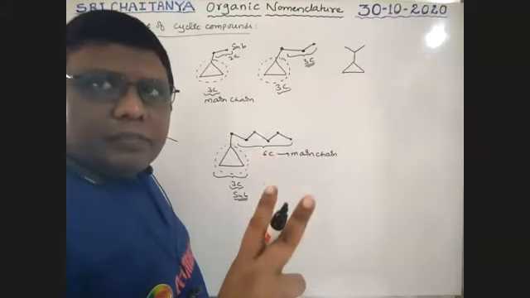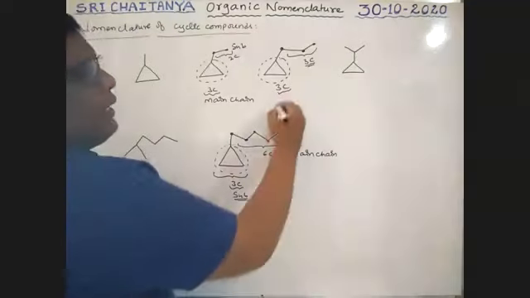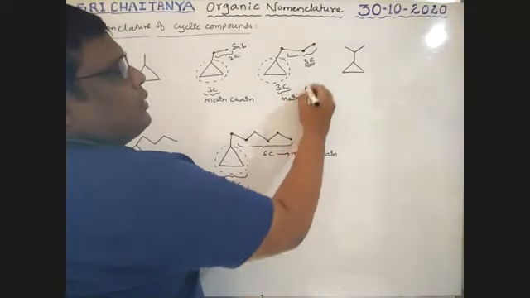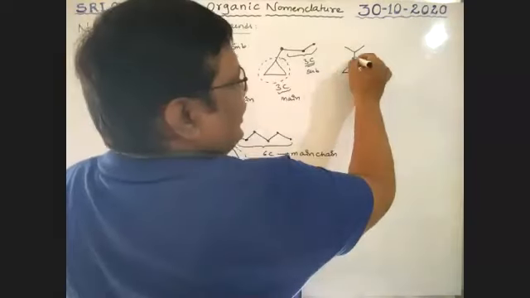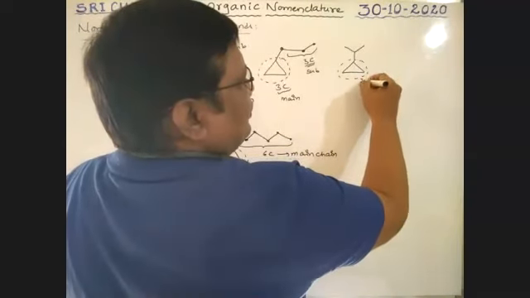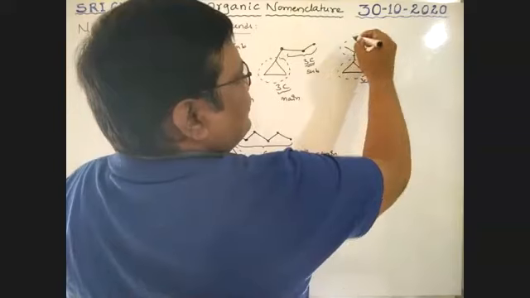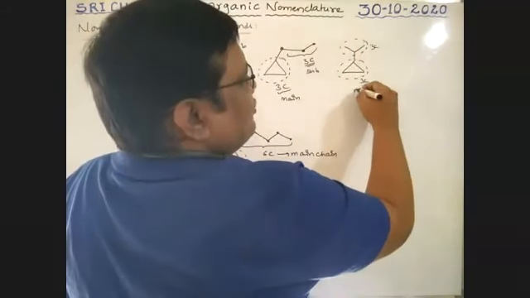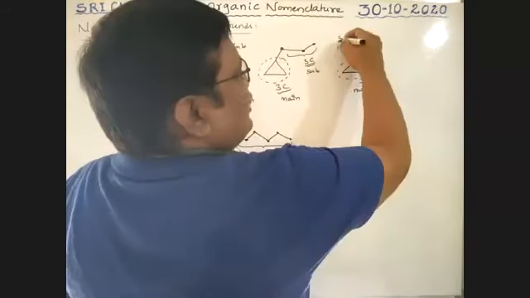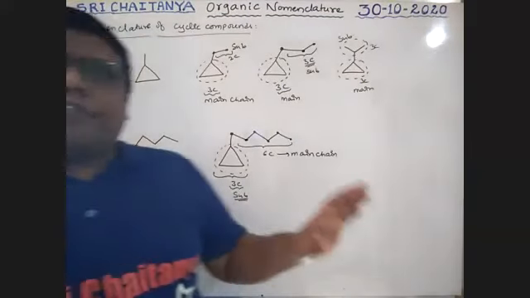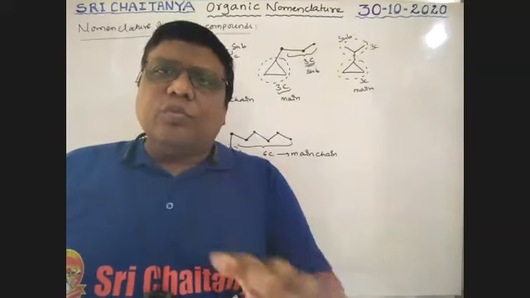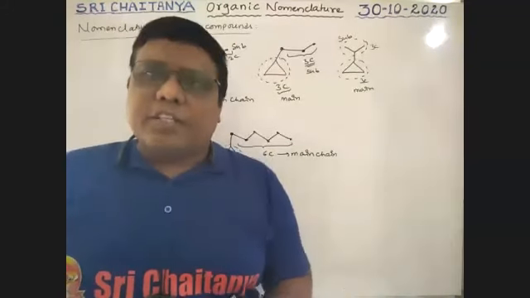Both are equal, so the ring is the main chain and the side chain is the substituent, my dear boys. Therefore, you should find out which one is the main chain and which is the substituent.